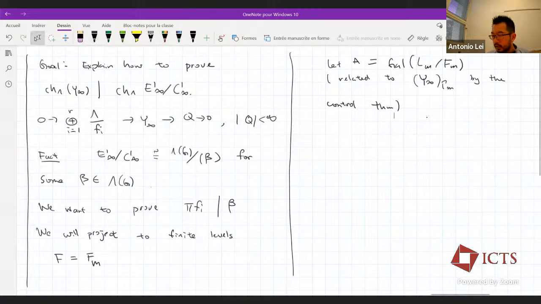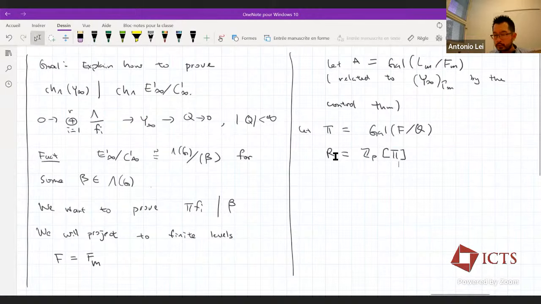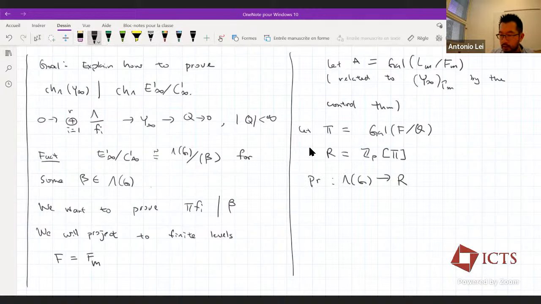So we have this, and then I will write pi to be the Galois group of F over Q. So this would correspond to projecting lambda to this finite level, and correspondingly, I have this group ring for this Galois group, which I will denote by R. And then I write PR for the projection from lambda G to this R. So instead of looking at things over lambda, we would be looking at R over the projection of beta, and it would be a finite quotient.